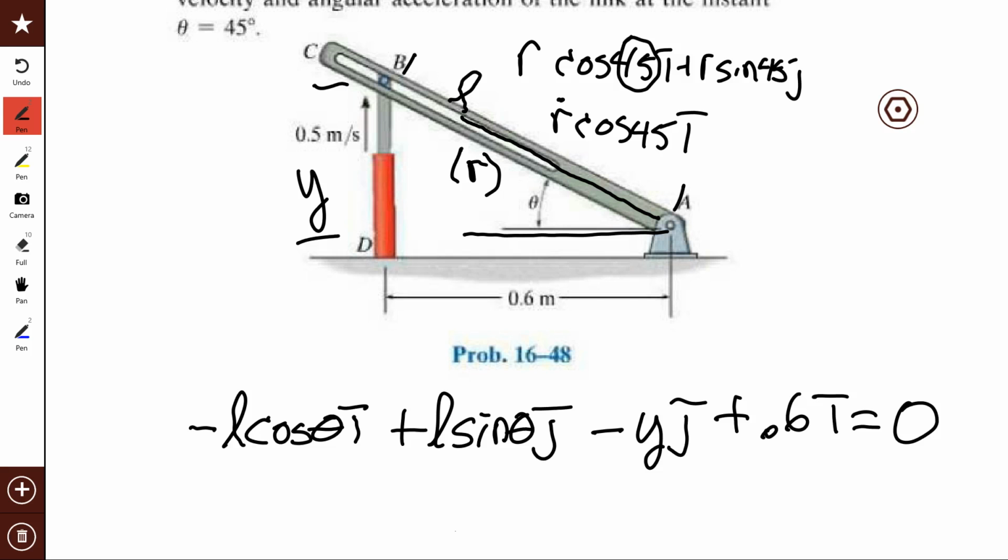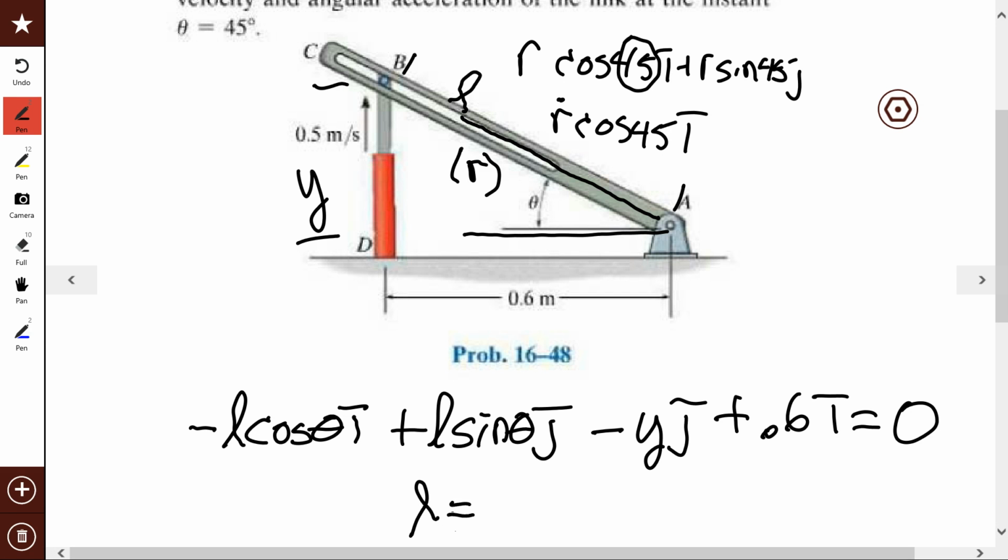So then what you're saying is this: L equals minus L cosine 45 plus L cosine 45, sine 45. Isn't that what you're saying then?